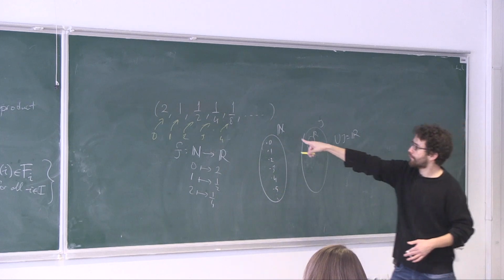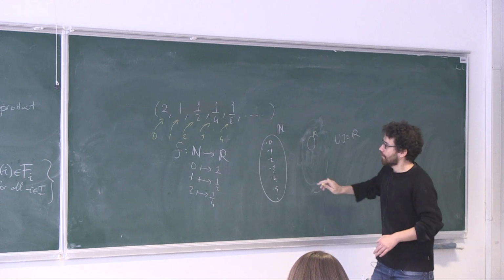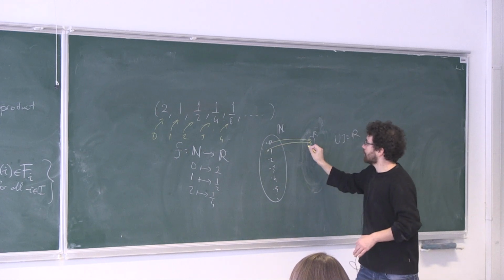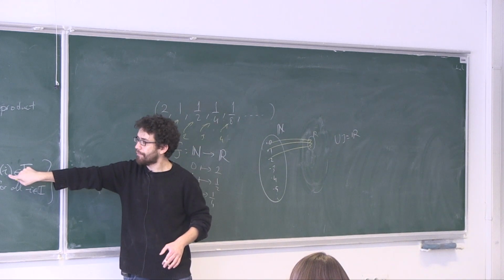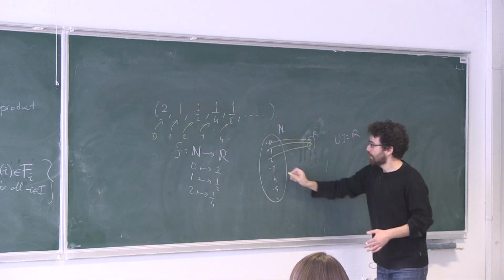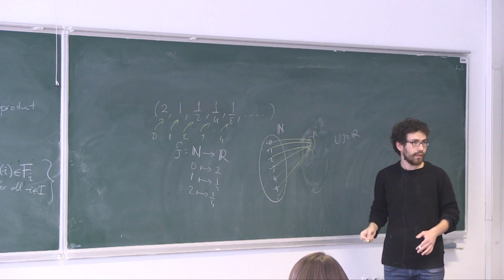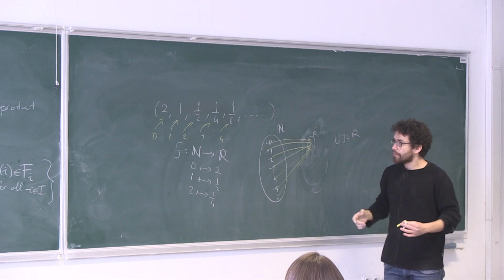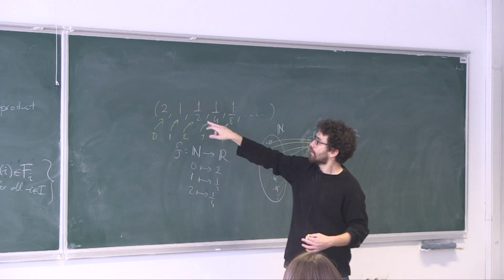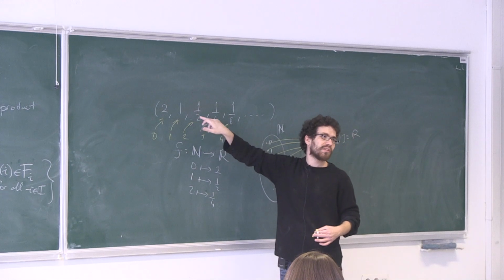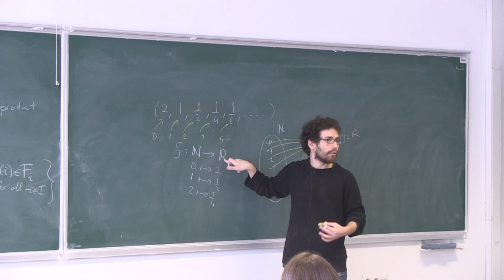A function from this index set to the union of J satisfying this property, f of i belongs to the ith set, is simply a function from natural numbers to real numbers. So if I ask you what's the set of all sequences with index set natural numbers whose entries are real numbers, it's the set of all functions from here to here. Right?